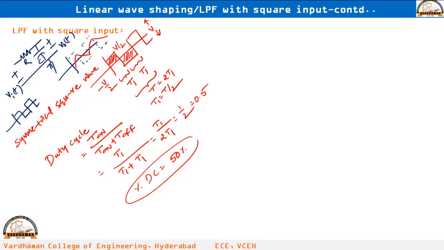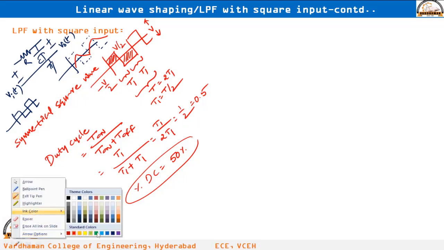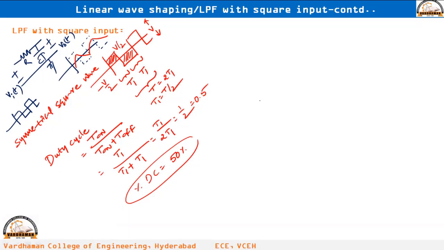Okay. Now we are going to see the derivation. Okay, derivation part in order to get the voltage levels of the output. So we can get at what time how much amount of voltage is there. For that we have the derivation: derivation of voltage levels in output of low pass filter with square input.